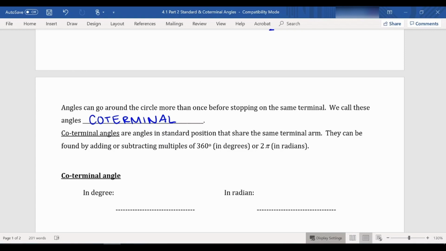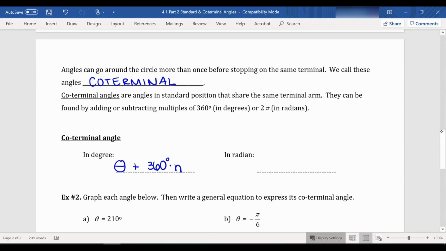So in degrees, we would take our angle and add 360 degrees times n. n is the number of times we're going to go around the circle. n needs to be an integer, so we write n is an element of the integers. Now, the book will use I for integers. The problem is that this is not a common use in the broader mathematical community.